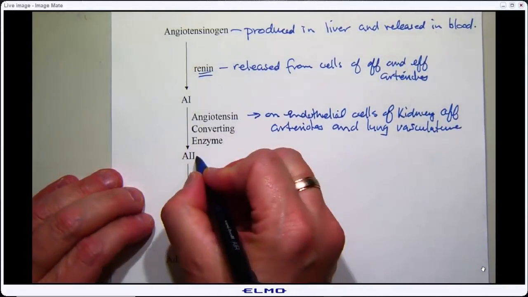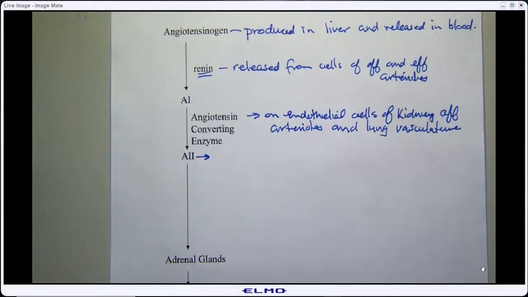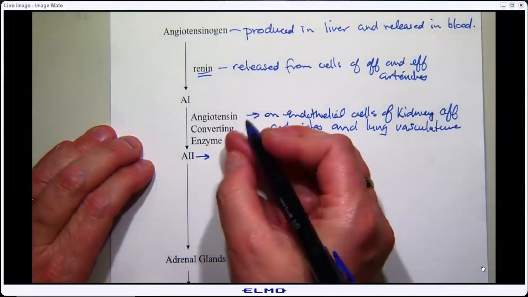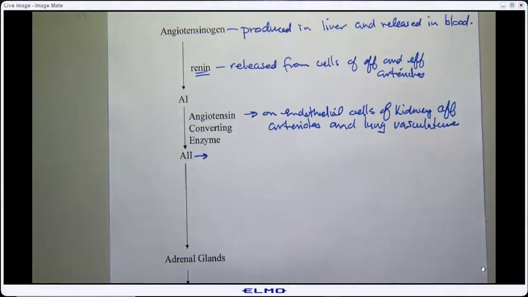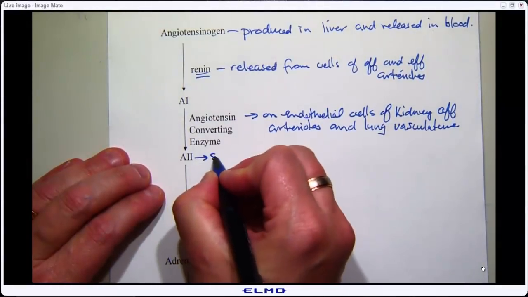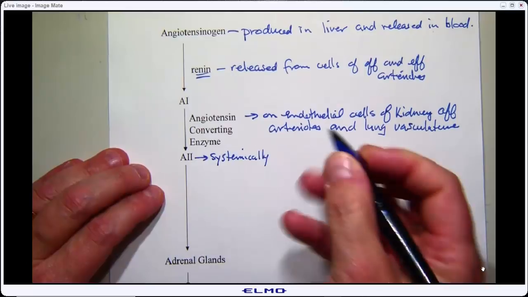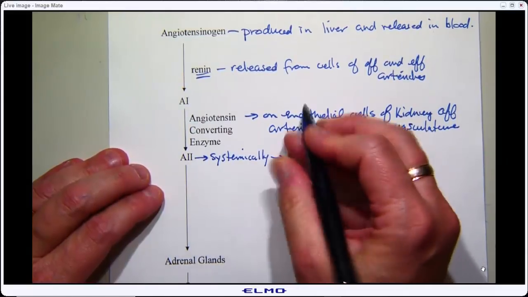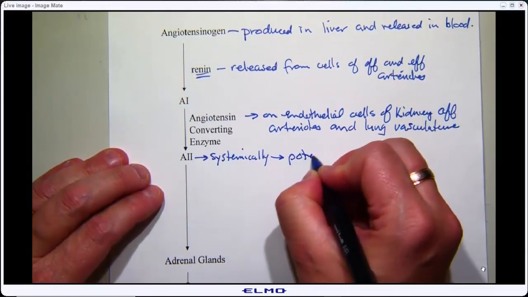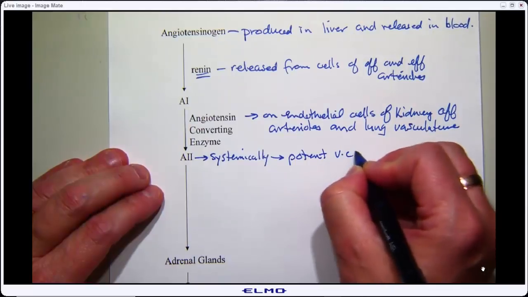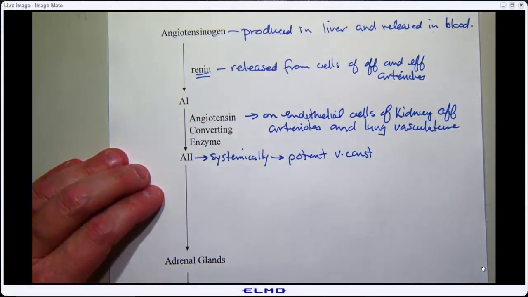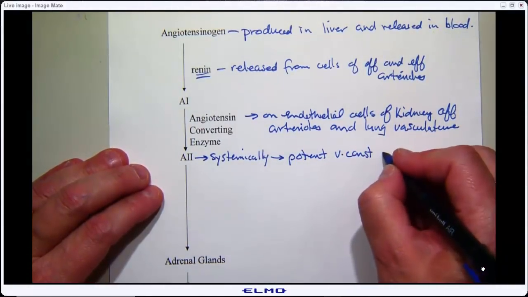What does angiotensin 2 do? So we've dropped this one a little bit along the way systemically, so in the whole body. Systemically, we talked about it being a potent vasoconstrictor. So it's a potent vasoconstrictor of systemic arterioles.